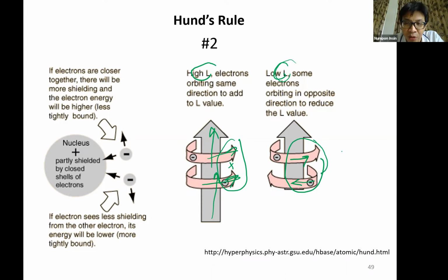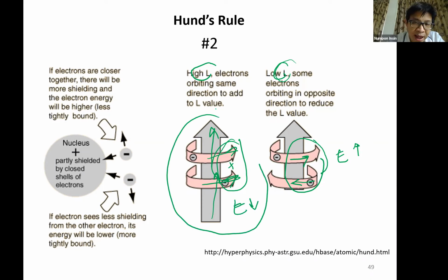So that results in high energy. But the ones that run parallel to each other result in lower energy. So the ground state is the one that has the highest L value because there's a lower chance of electrons meeting each other. Okay, so these are Hund's rule number 1 and number 2.